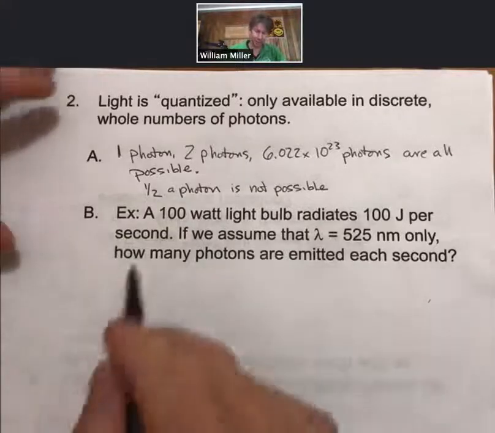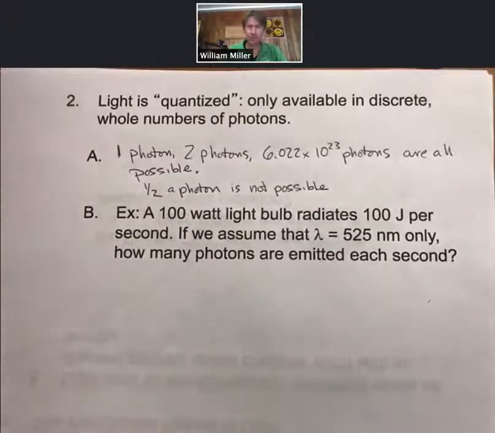And as we'll see in this calculation for B, for a 100-watt light bulb, we have a lot of them even in light bulbs. So the example says a 100-watt light bulb radiates 100 joules per second.